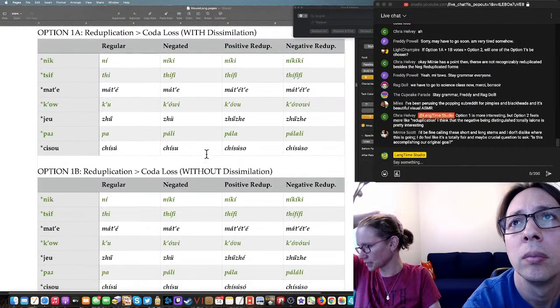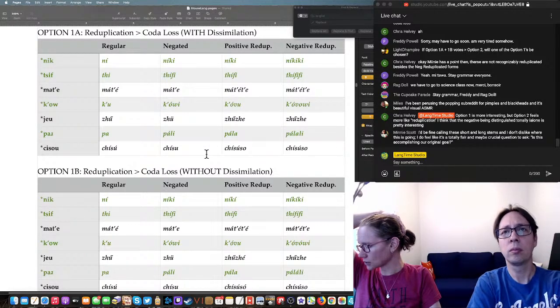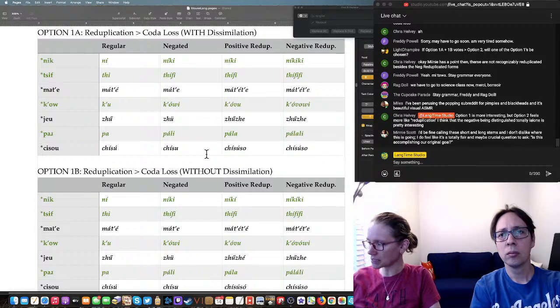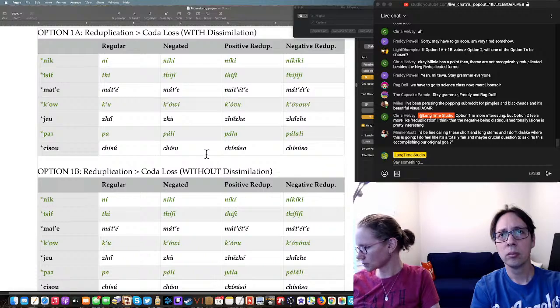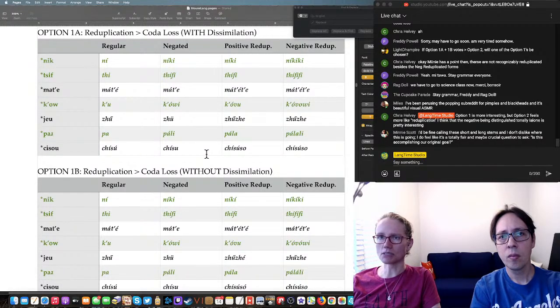And so across the board, you can see more of the reduplication. Really what you would end up getting is irregular reduplication in some cases, like kowi becoming kovowi instead. But at the same time you wouldn't want to change the entire system name just because you have some irregularities. Otherwise we would need special names for everything.